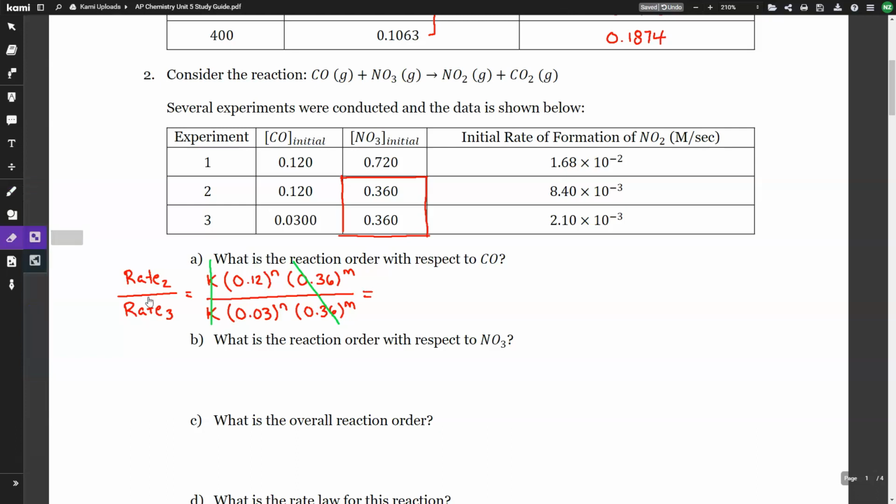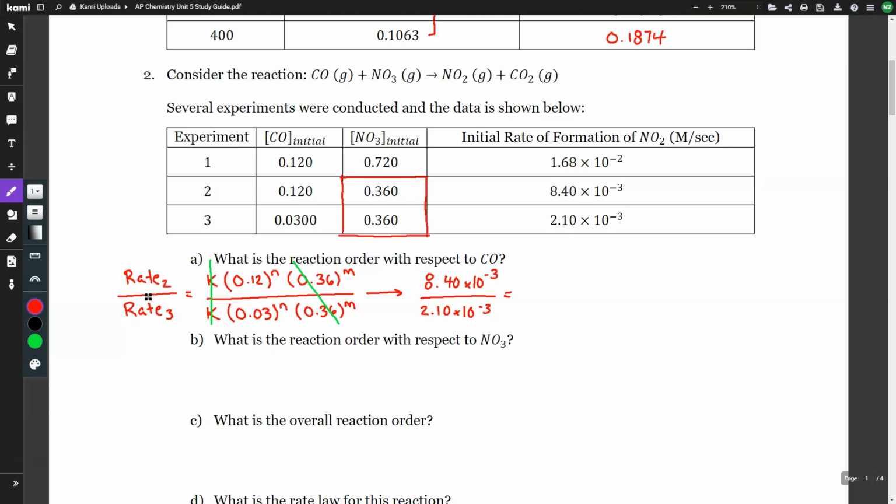If I plug in my values now for the rates, the rate of experiment 2 was 8.40 times 10 to the minus 3, and the rate of experiment 3 is 2.10 times 10 to the minus 3.